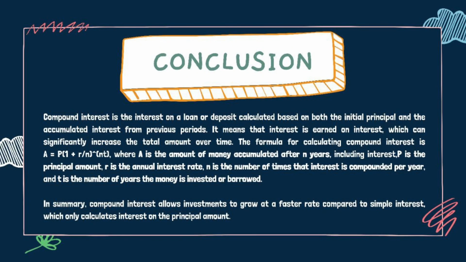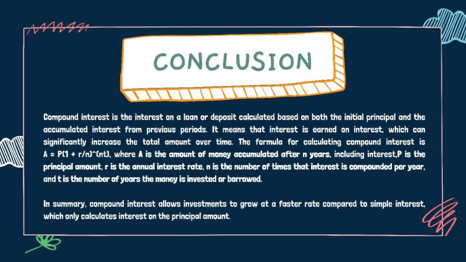P is the principal amount, R is the annual interest rate, N is the number of times that interest is compounded per year, and T is the number of years the money is invested or borrowed.